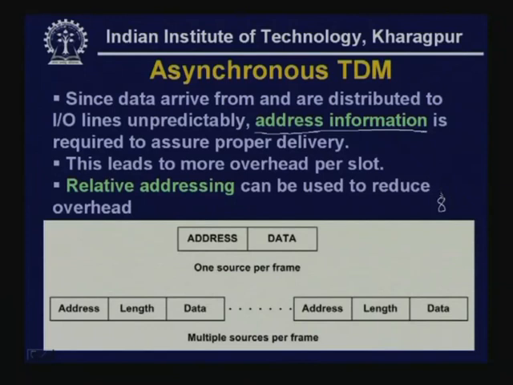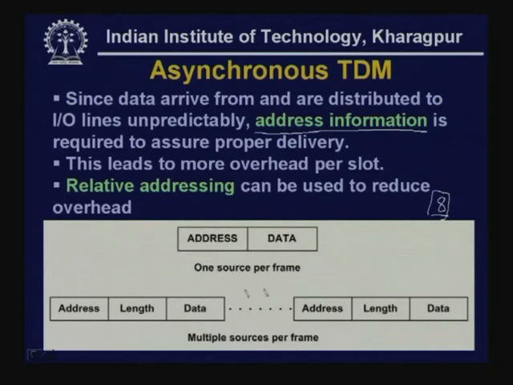So, we can take the modulo of the address, I mean modulo of the number of sources. So, the lower order 3 bits will be sufficient, and that can be used as address if we have got 8 sources. And similarly, for the length field, we can say the number of bytes is 1, then 00, number of bytes is 2, then 02, like that can also be appended as part of the address field.